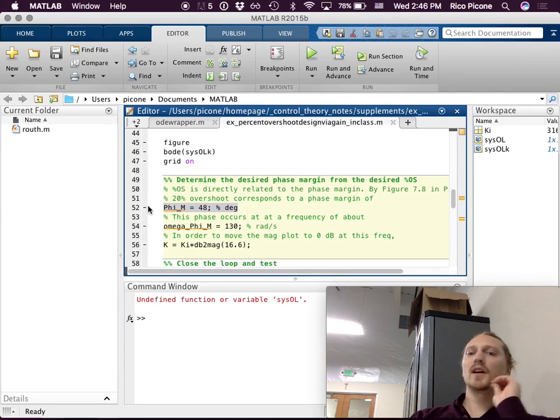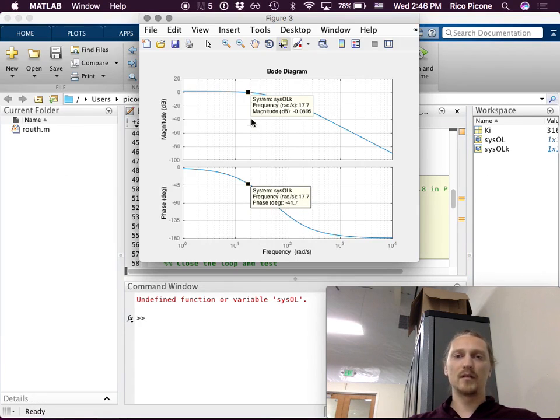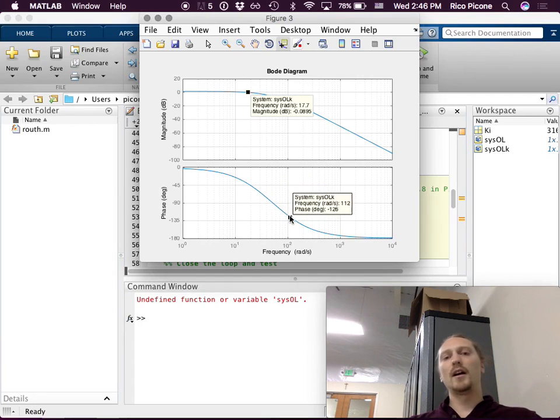This phase occurs at a frequency of about 130 radians per second. We know that from this. So a phase margin of 48 occurs at a phase of negative 132, right? Is that right?